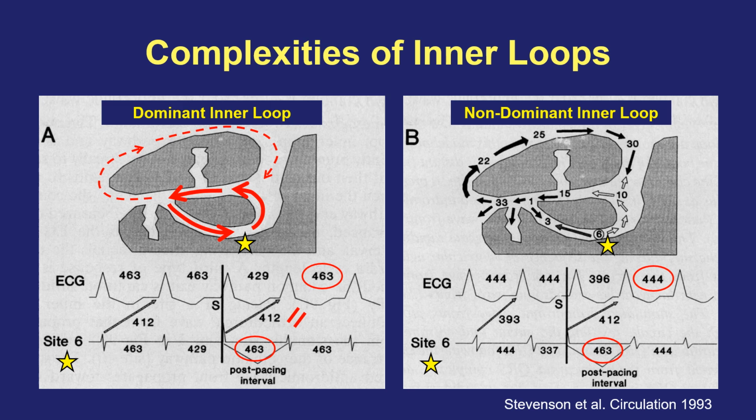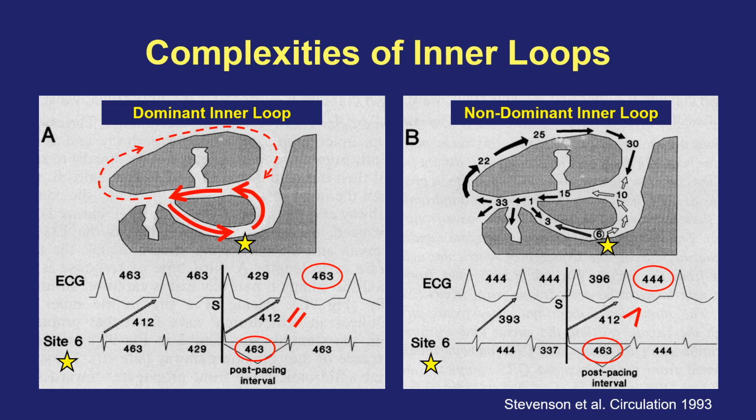And so your entrainment, your post-pacing interval, is going to reflect the speed around the loop that you're in, as opposed to the other one that may be slightly faster if you're in a non-dominant loop here. And certainly if you're not in the VT, if your post-pacing interval is longer than the VT cycle length, then you're not going to be successful necessarily at that site.